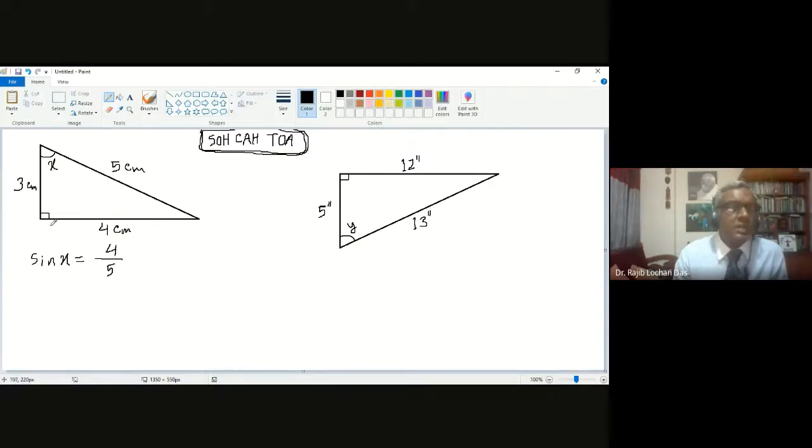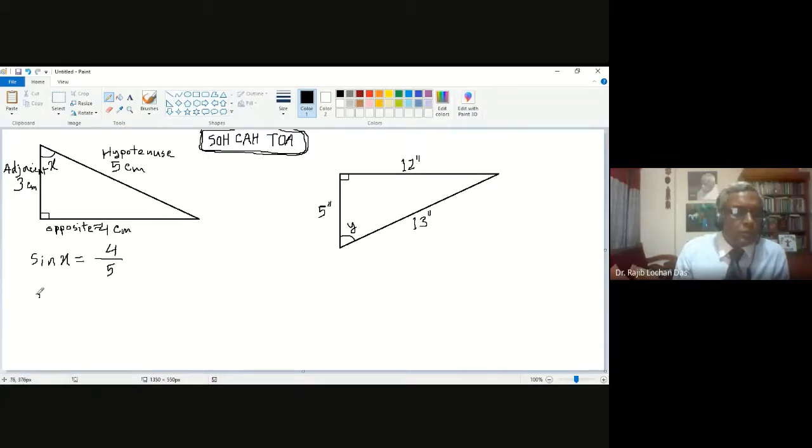In this case, opposite is given as 4 centimeter, and adjacent is 3 centimeter here, and hypotenuse is 5 centimeter. So in the left side triangle, sin x will be 4 by 5. Is that okay? Do you understand this? Everyone is okay with this? Yes, sir.